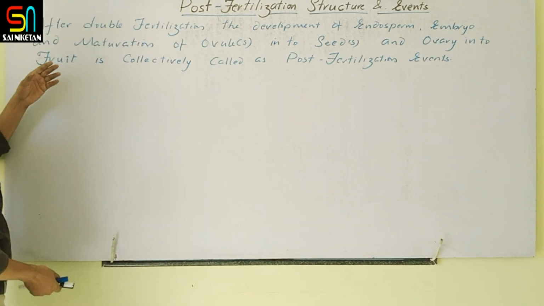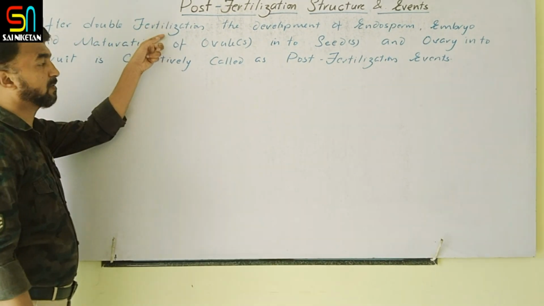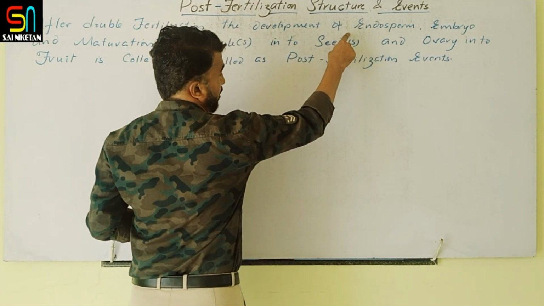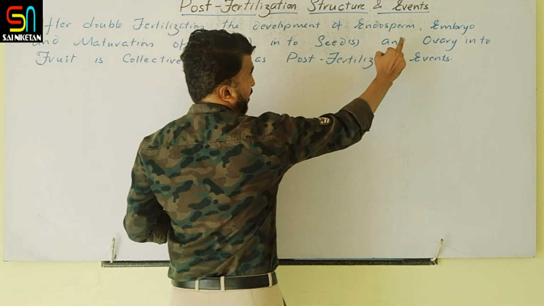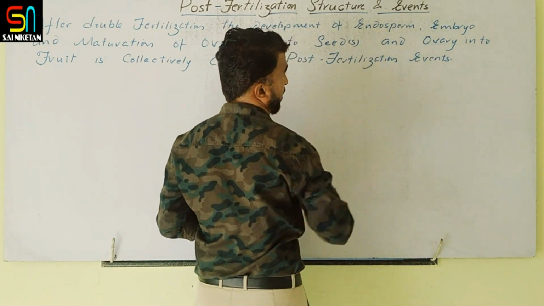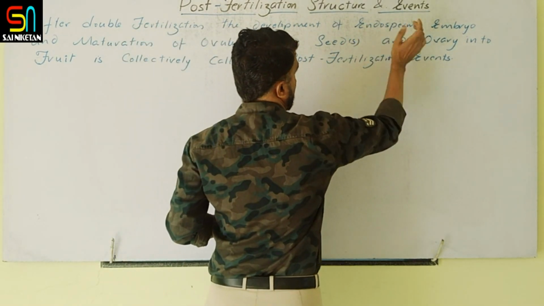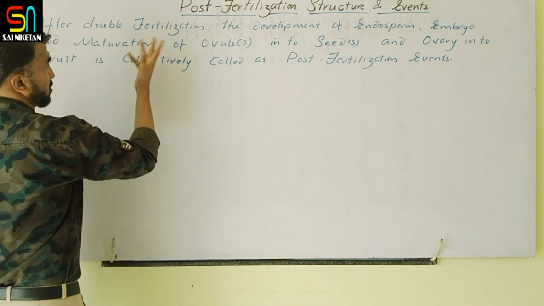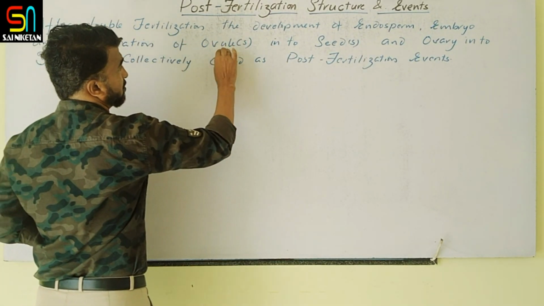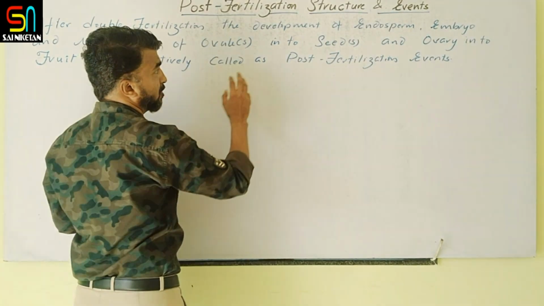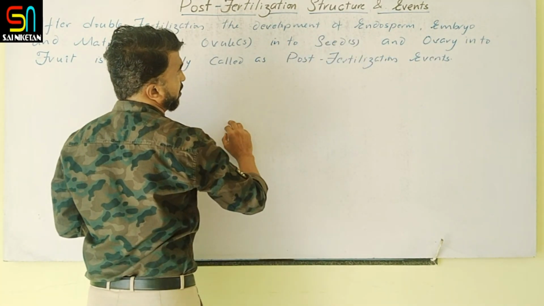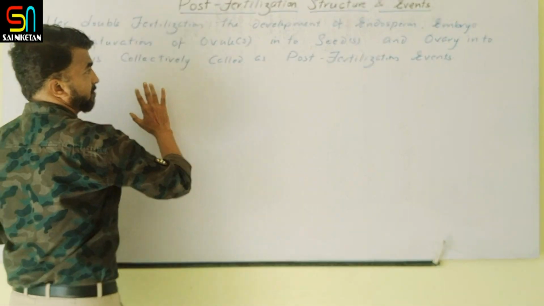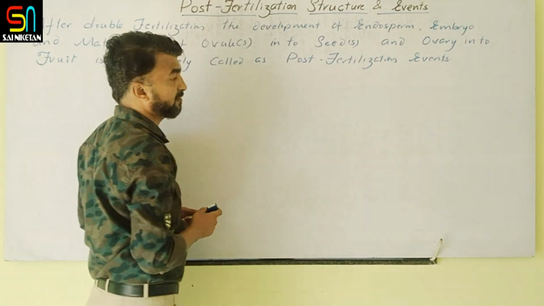So what happens? After double fertilization, which takes place in the embryo sac, the endosperm develops from the primary endosperm cell and the embryo develops from the zygote. So these two structures are formed, the endosperm and embryo, followed by the transformation or maturation of the ovules into seed. The complete anatropous ovule turns into seed, and the ovary develops into fruit. That complete process is called the post-fertilization event.